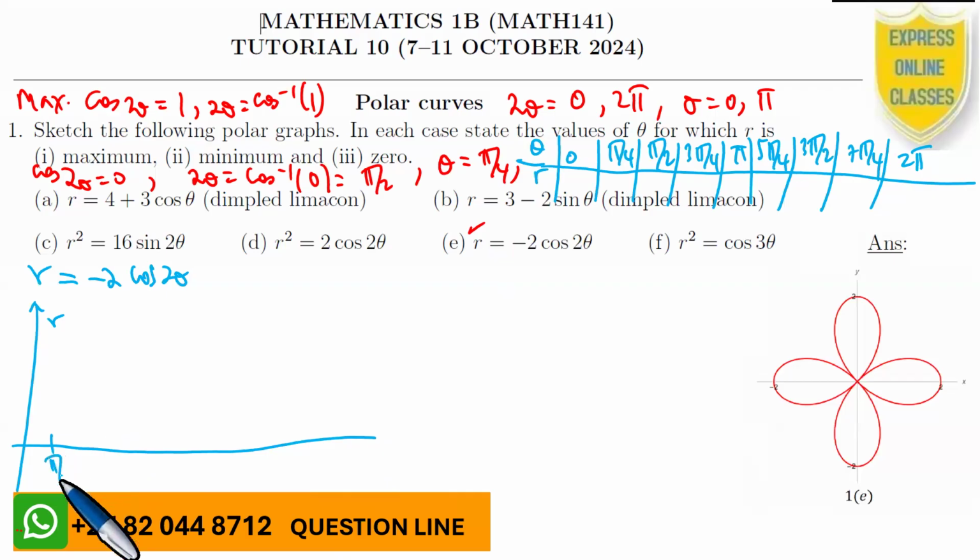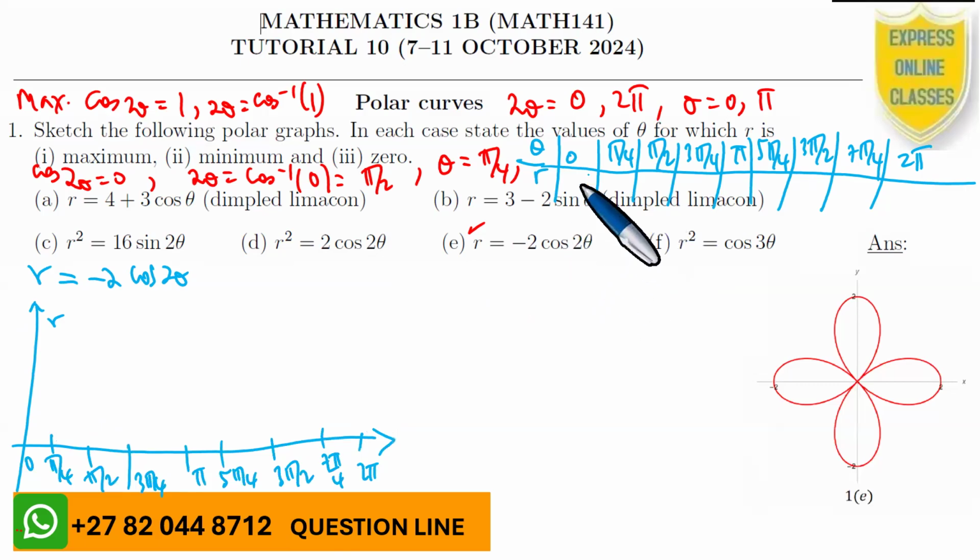We do pi over 4 radians, pi over 2, 3 pi over 4, pi, 5 pi over 4, 3 pi over 2, taking them from the table, 7 pi over 4, 2 pi. I'm following the textbook's approach to this, and I feel that is much easier.